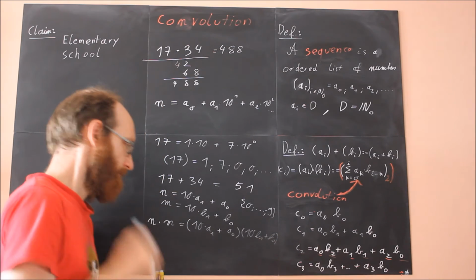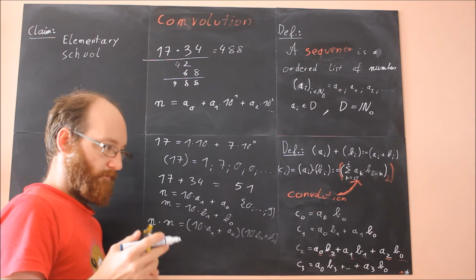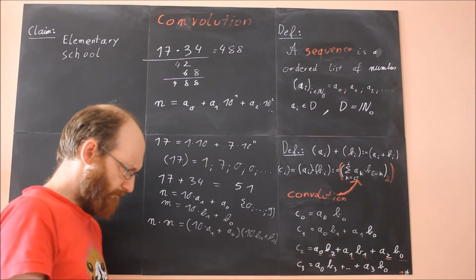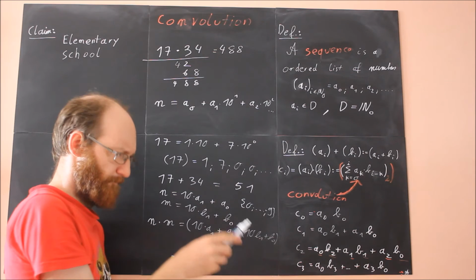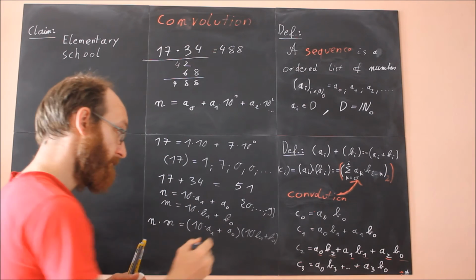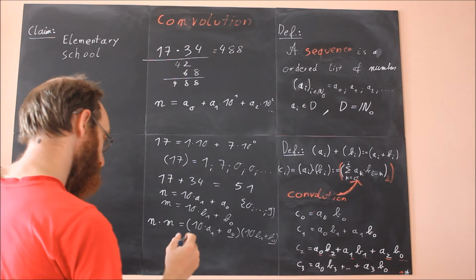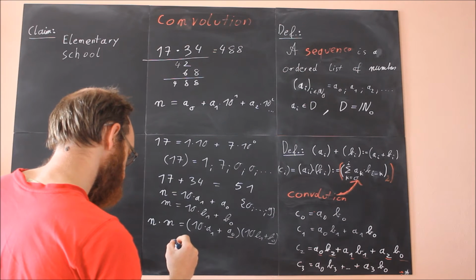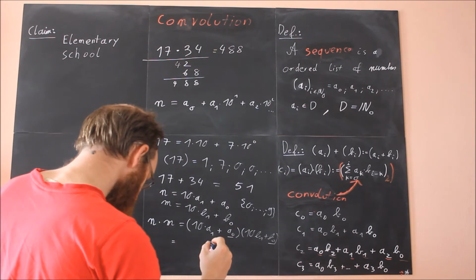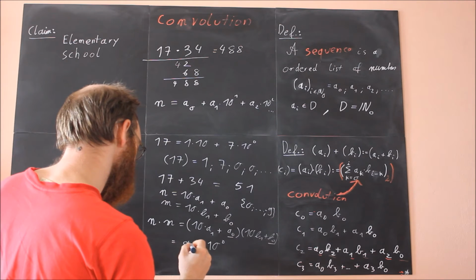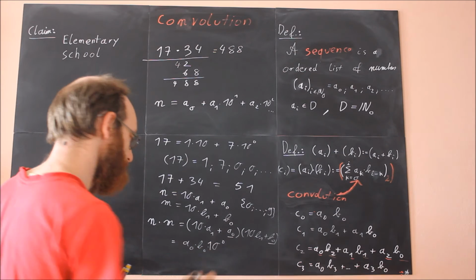And now, which part of this product gives us the 10 to the 0 position? This is a0 and b0. So for the position 10 to the 0, we get a0 times b0. Okay?